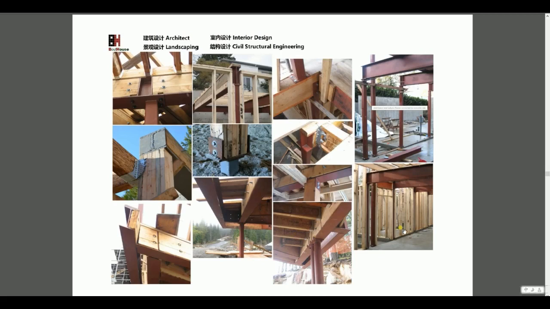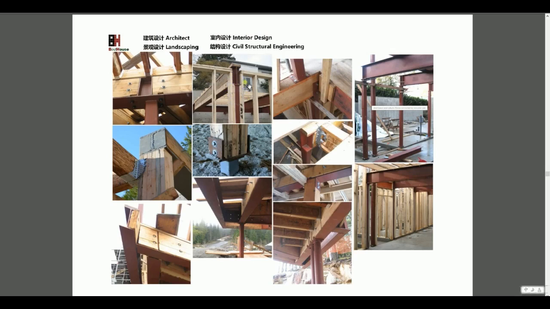Also, we have several kinds of wood posts to support the beam here. These are from the site. It's very common. You see the steel beam, we think about the connection here.